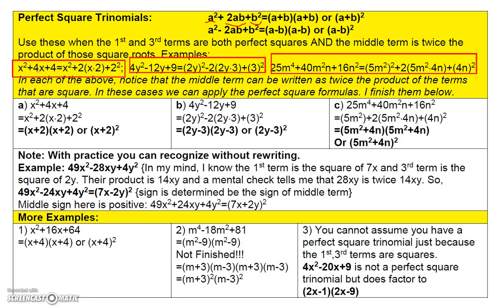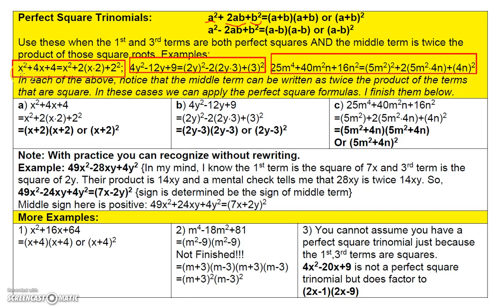So, for instance, let me show you some perfect squares here. Okay, we'll factor these later, but right now I just want to show you how I can recognize that these trinomials are perfect squares. Notice here the x squared is a squared term, and the 4 is a squared term, because x squared is x squared, and 4 is 2 squared. But notice the middle term. The middle term is double the product.